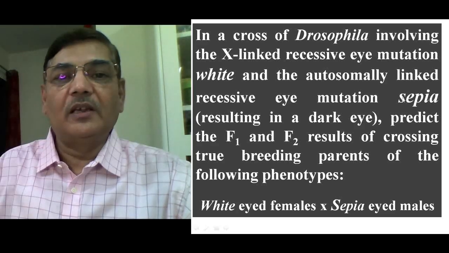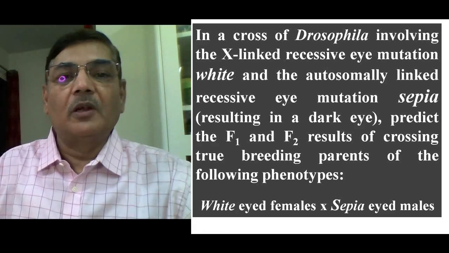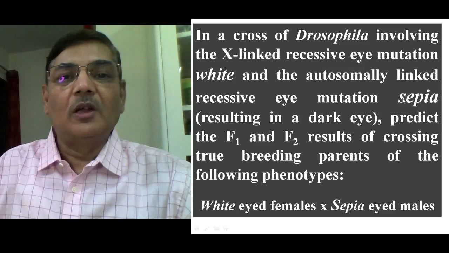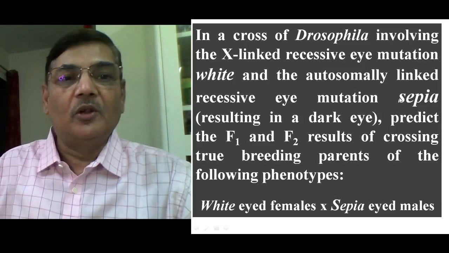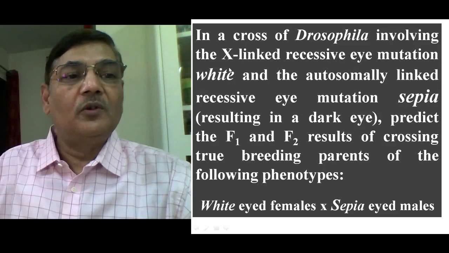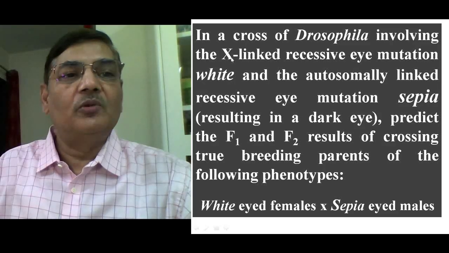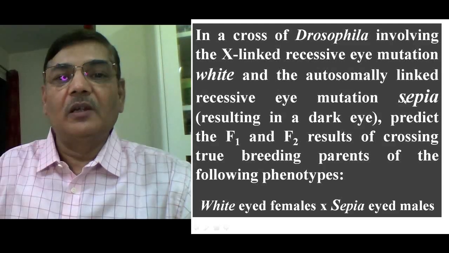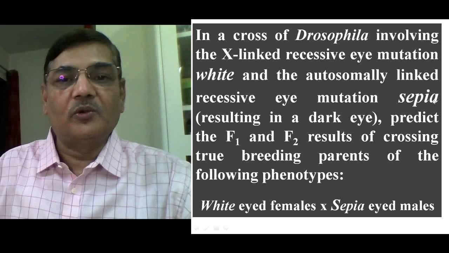Instead of red eye color, individuals having sepia eye color will be those who are homozygous recessive. They will have the recessive allele present on the third chromosome. So one particular phenotype, that is white eye, is caused by gene mutation in the X chromosome, and the other one is caused by gene mutation in the third chromosome.